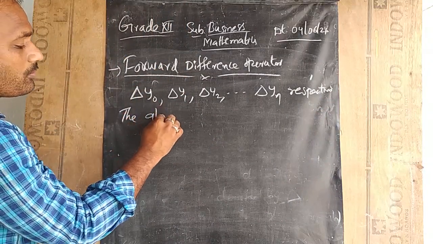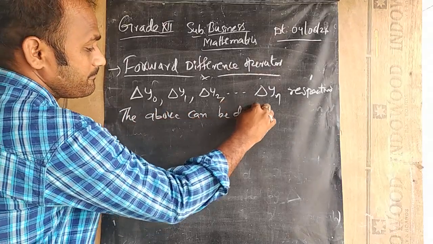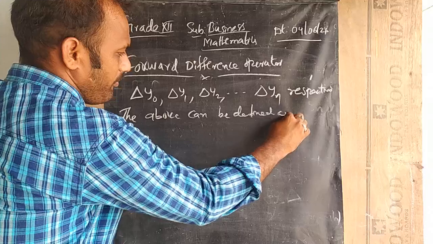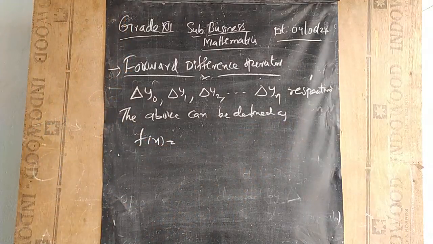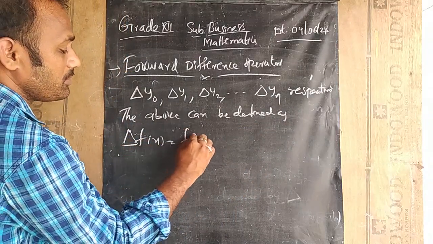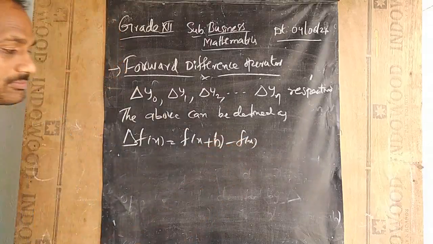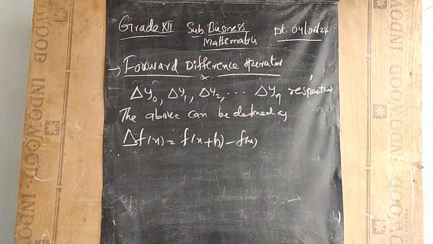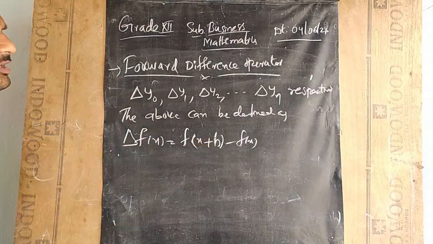The above can be defined as delta of f of x is equal to f of x plus h minus f of x. So this is also another formula for the forward difference operator.